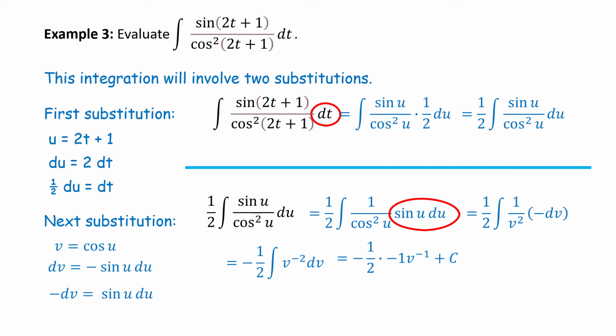So our integral is negative 1/2 times negative 1 times v to the power of negative 1 plus c. We rewrite this getting rid of the double negative. That'll be positive 1/2 v to the minus 1 plus c.